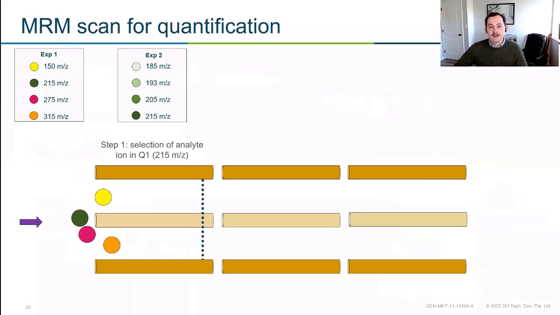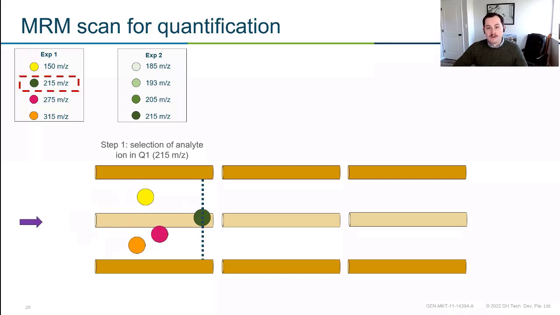So what does that experiment actually look like? Here we have our quadrupoles: Q1, Q2, Q3. In this experiment, I'm only interested in the compound with an m/z of 215. So I'm going to use my first quadrupole to filter out everything else and only allow my 215 into my collision cell. In my collision cell, fragmentation is going to take place.